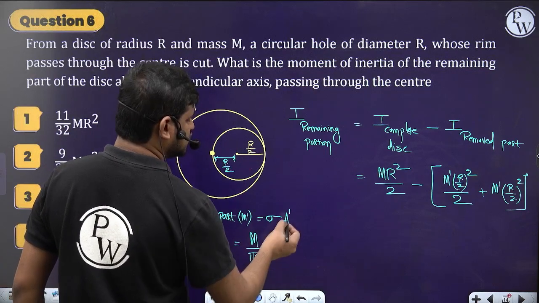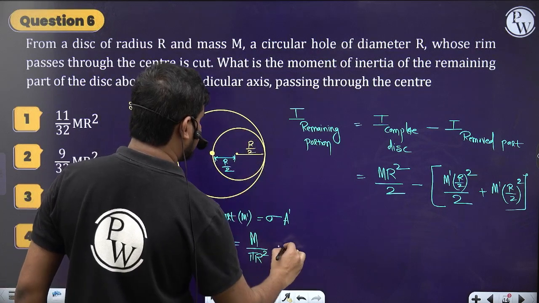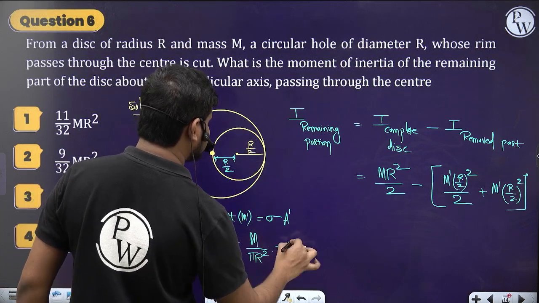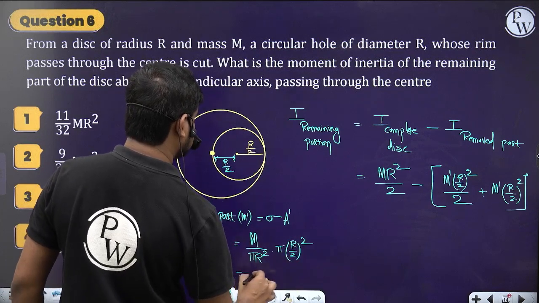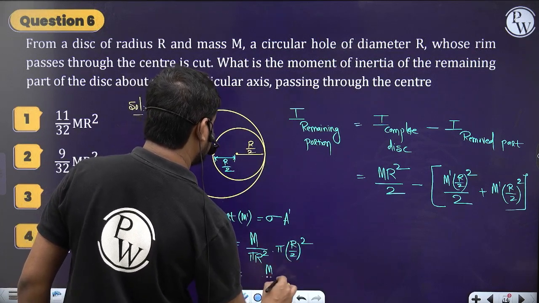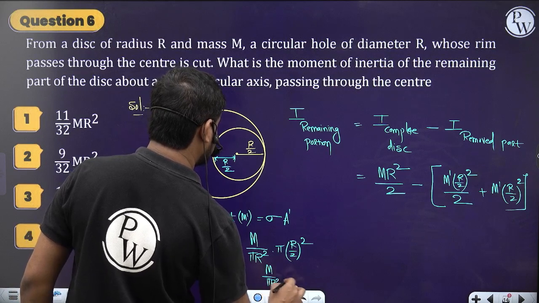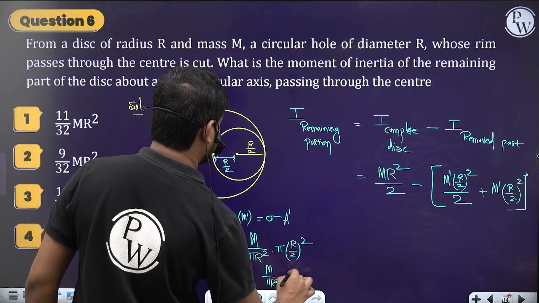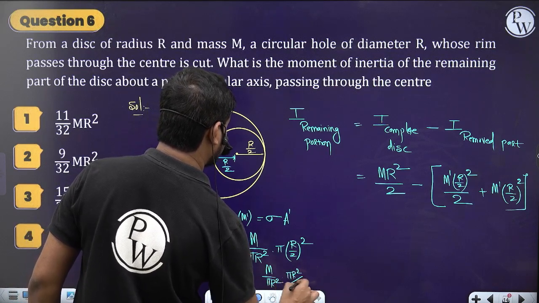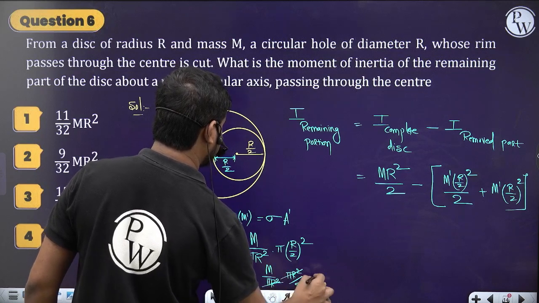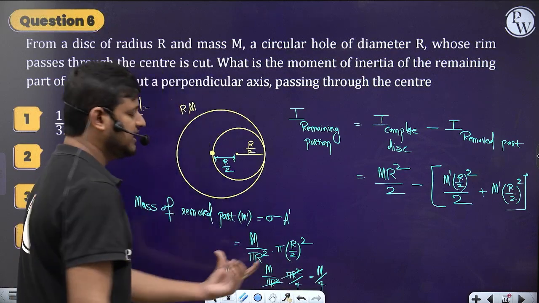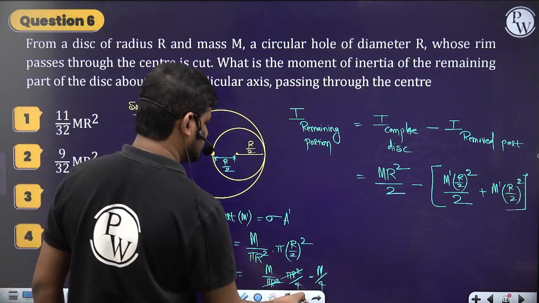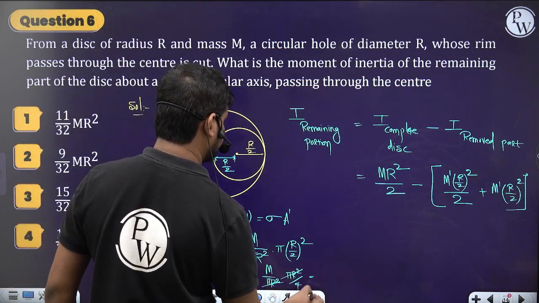So into, what's the area of this part? π into its radius R by 2, so (R by 2) whole square. Here I can write M by πR² into πR² by 4. So the m' is equal to M by 4, we got.